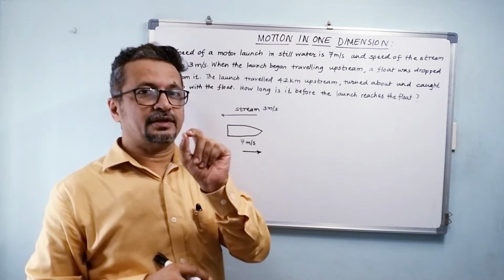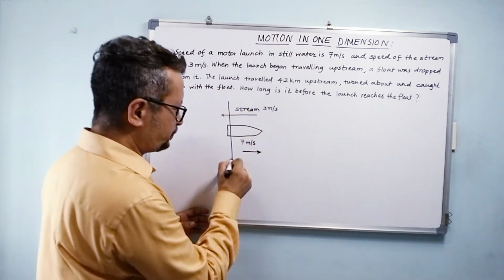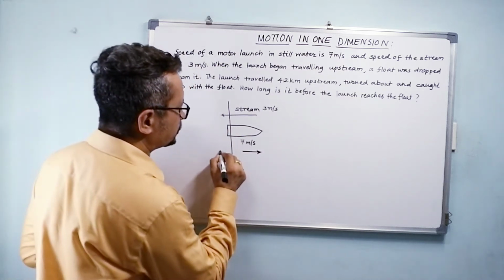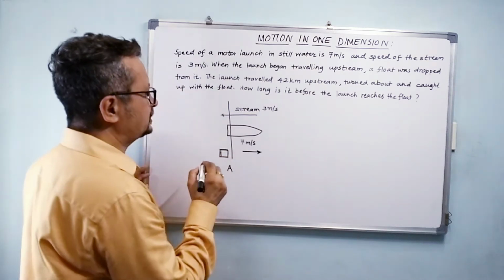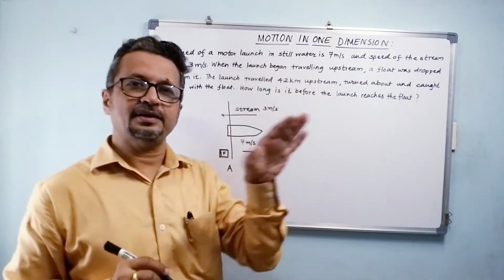Now listen carefully. When it started its journey from, let us say, this point A, it drops this float F, and then it is moving upstream.